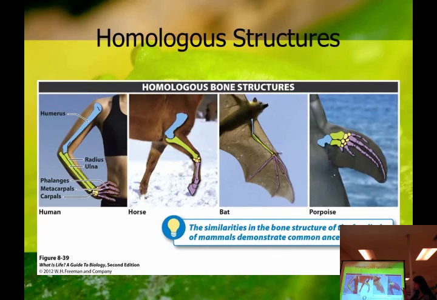And so what all of these 4 things have in common is they have similar bone structures, but they do very different things with them. So humans, because we walk upright and we use our arms for grasping things, our bones are situated the way that they are. We could never run the way a horse does on its forelimbs, so it's developed a little bit of a different use.